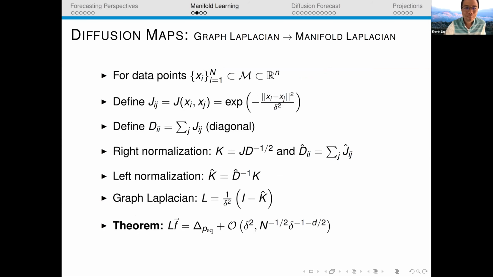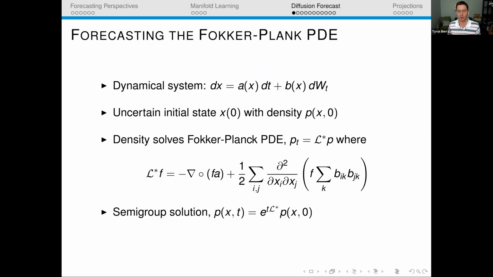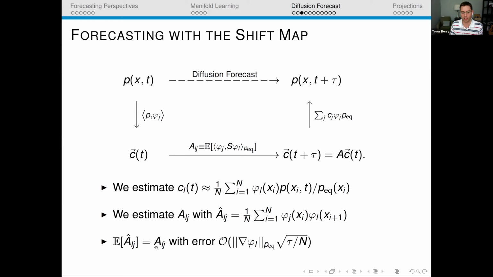So the point is, you can estimate these nice smooth functions from data, and what's the motivation for that? The motivation is that these functions actually minimize the error. So here's the A's that you're trying to estimate. These are the representation of the forecast operator in the basis, and these are your data-driven estimations.